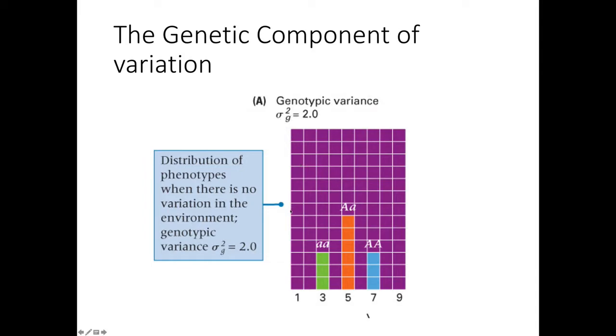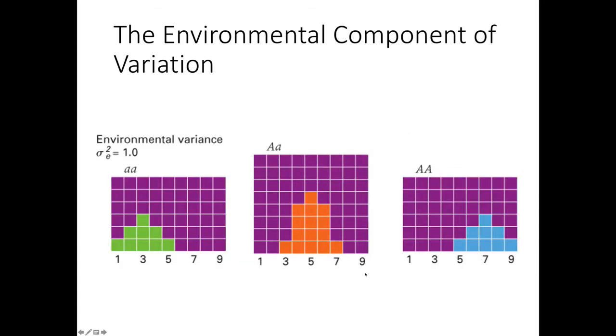One could say, for example, if there were just three genotypes, little a little a, big A little a, and big A big A, and this is their abundance within the population, one can see that if there's no variation in the environment, everybody that has the little a little a genotype has 3 units in the phenotype. Everybody that has big A little a has 5 units in the phenotype.